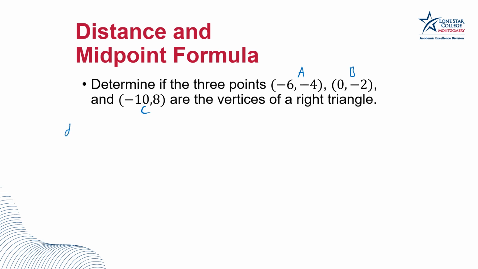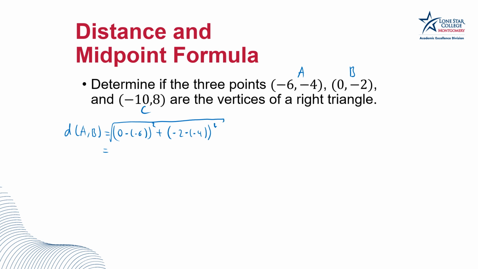So the distance of the first pair, A and B, would be x2 minus x1, so 0 minus negative 6 squared plus y2 minus y1, so negative 2 minus negative 4 squared, square root.